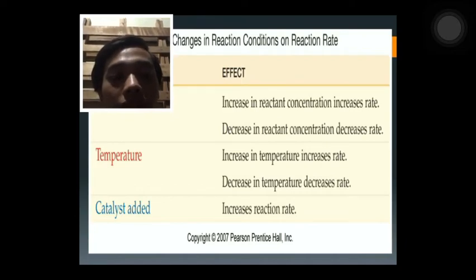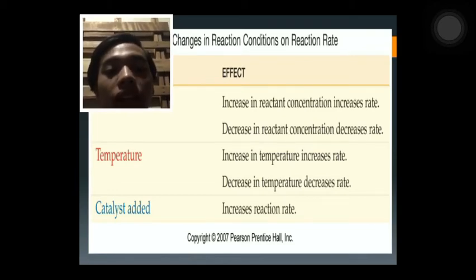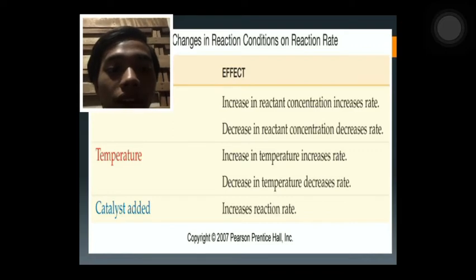For temperature, an increase in temperature increases the rate. If temperature decreases, the rate decreases. For a catalyst, the effect is an increase in the reaction rate.